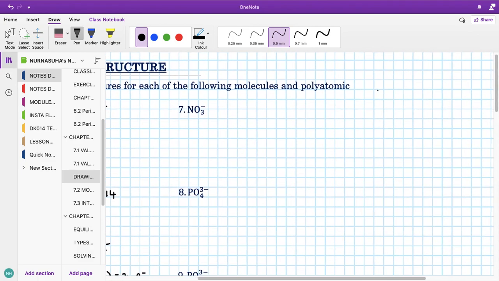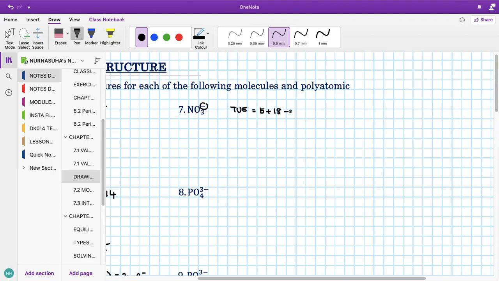So awak tengok untuk NO3, sebenarnya konsep dia sama je. Cuma bila melibatkan ion, you have to be careful whether nak tambah or nak tolak elektron. So nitrogen 5 electron plus 18 electron for the oxygen. Okay, now you have negative charge over here. Negative kan?